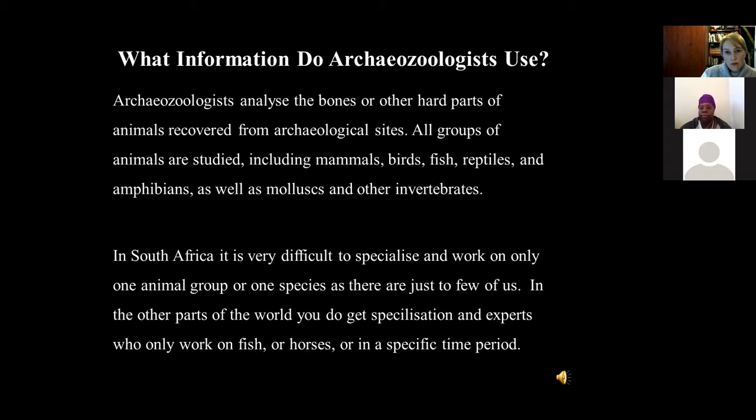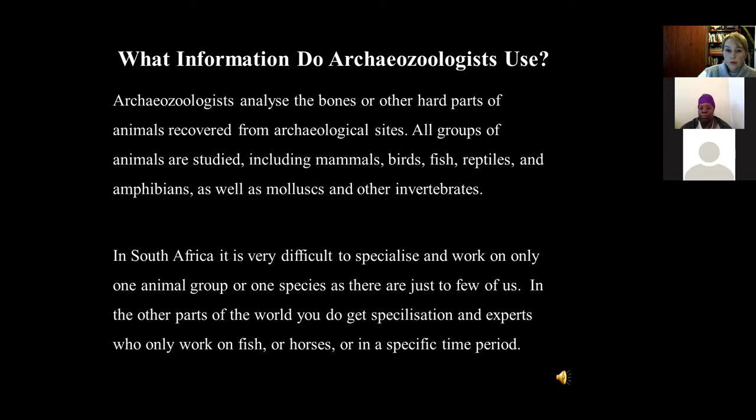What do archaeozoologists use to do this? We look at bones and other hard parts. We study all groups of animals, including mammals, birds, fish, reptiles, amphibians, mollusks, and other invertebrates. In South Africa, we are so few and far between in this discipline that we cannot specialize.